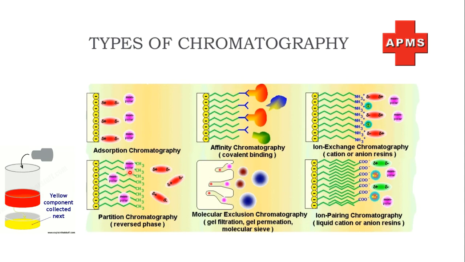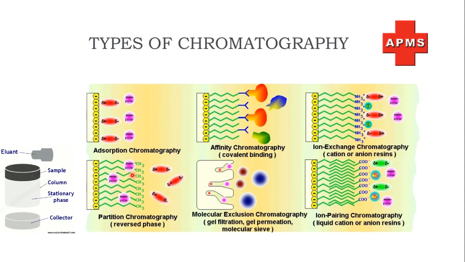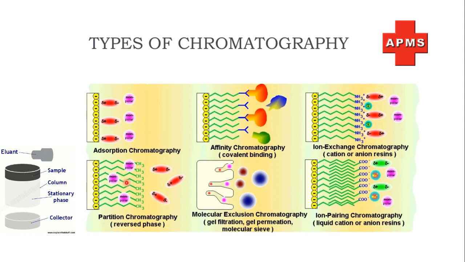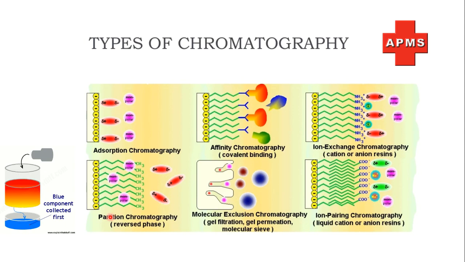So these non-polar molecules which are present in sample will be solubilized in this organic film, this green colored film, okay. So this solubilization in between this mobile phase and this stationary phase is called partition.